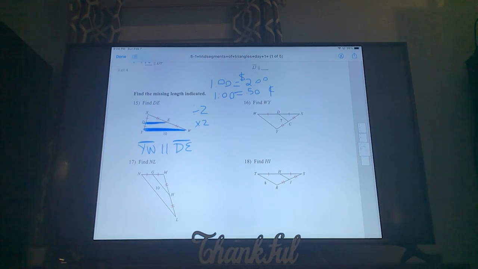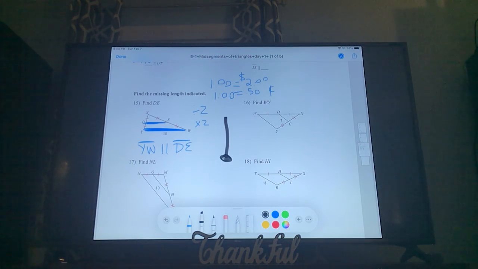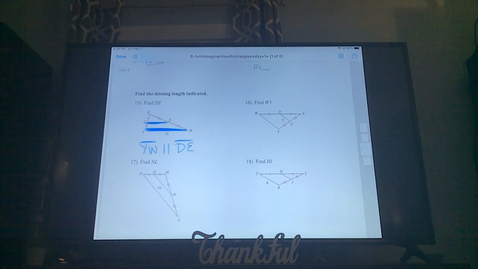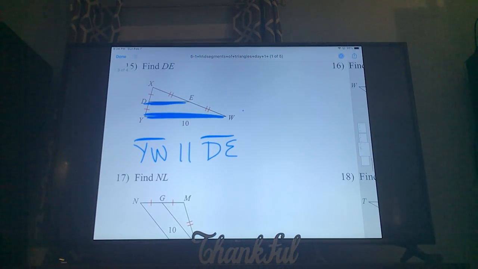When we talk about midpoints, we know that if you take a line with 3 points on it, the middle part is exactly half. If this was 50 cents, then this has to be 50 cents, and that would make $1. So on all of these, it's either going to be times 2 or divided by 2, depending on whether it's smaller or bigger. We need to look at this first segment and ask, are we finding the bigger or smaller one?